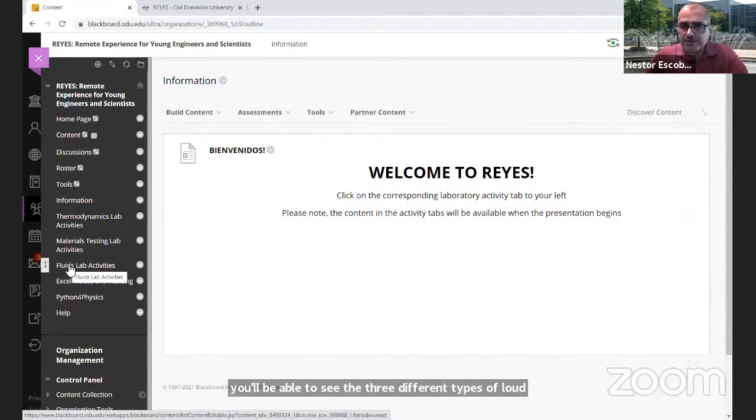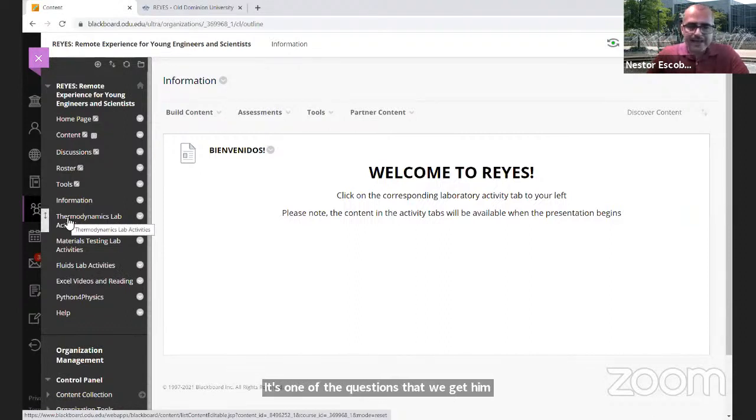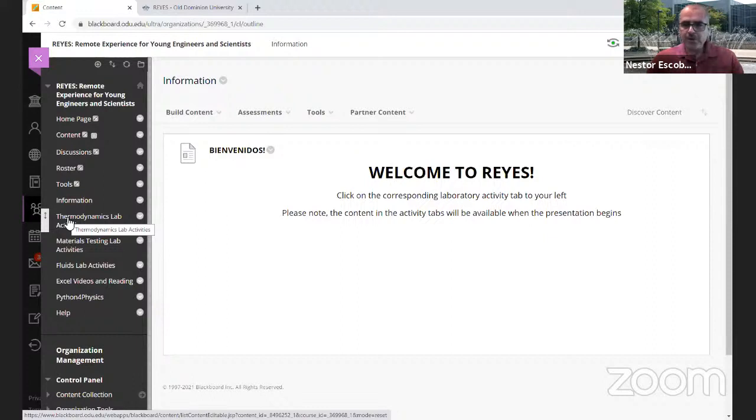One of the questions that we get a lot is, how would you be able to do a laboratory in a virtual setting? Typically, a laboratory is a hands-on activity, meaning that you have to be present in a laboratory in order to do so. But today, with the advances in technology, we're able to do more things than we used to in the past.